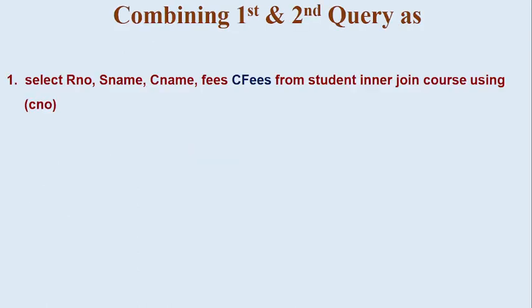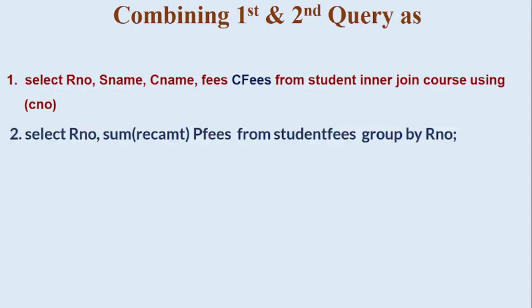We can combine the first query and the second query. This is the first query, using which we are displaying roll number, student name, and course fees. The second query is this one, where we are displaying roll number and paid fees, grouping by RNO.